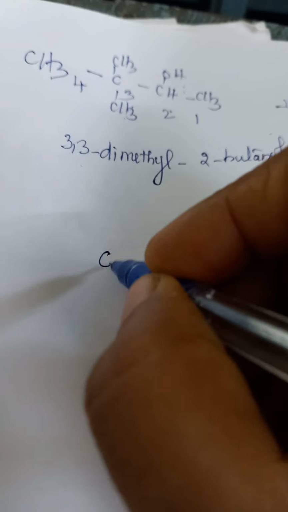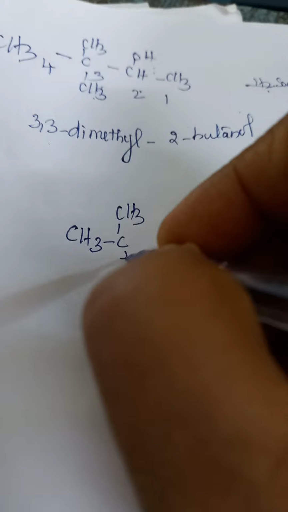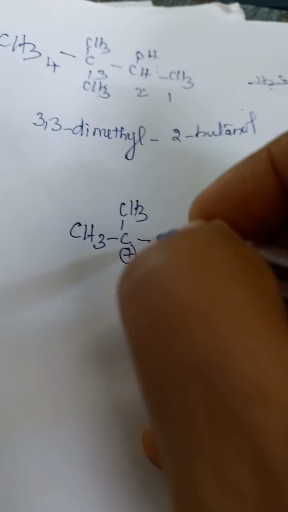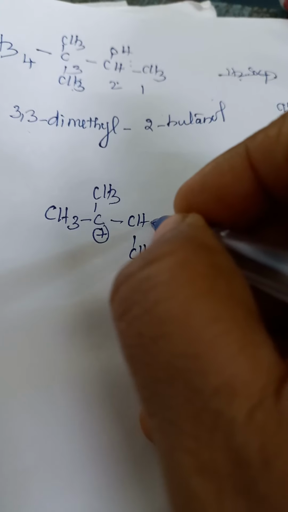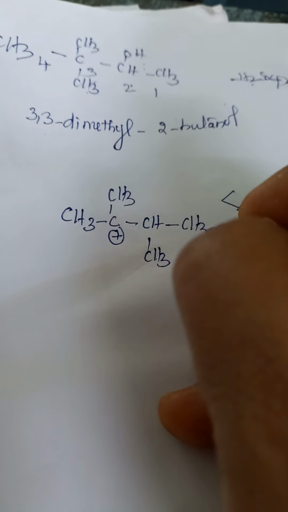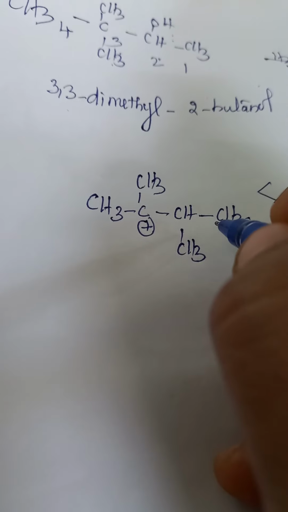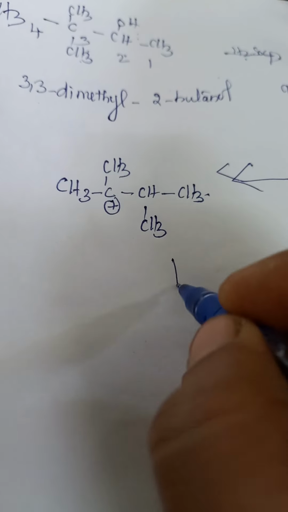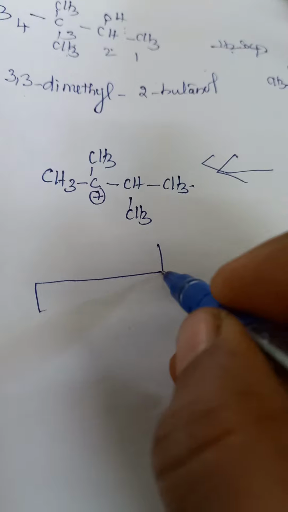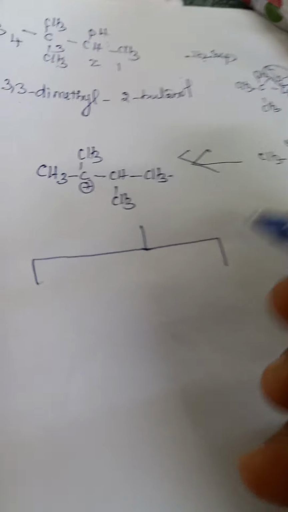So what are we getting? CH3, C, CH3, one methyl group shifted from here to here, so CH, CH3, here CH3. Here there are two ways of eliminating a beta hydrogen.